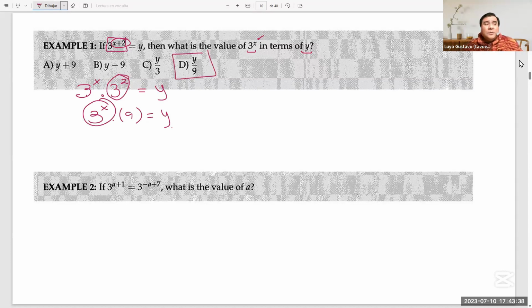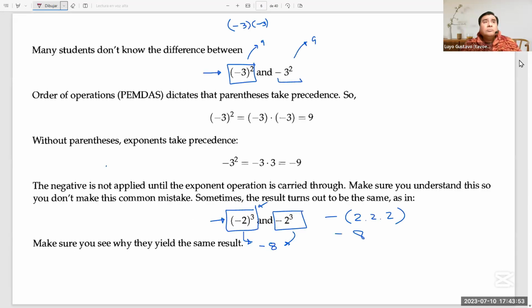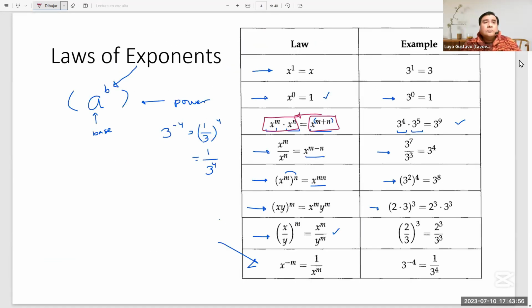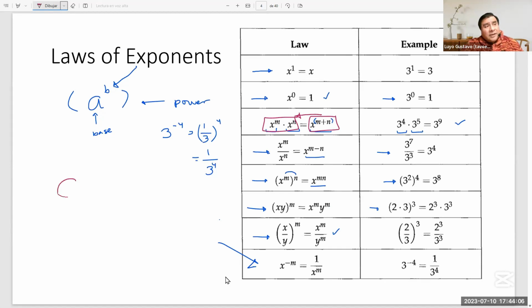Okay, what about number 2? If 3 up to a plus 1 equals 3 up to -a plus 7, what is the value of a? So here there is a fundamental property. What happens if you have two powers of the same base, and they tell you that these two powers are the same in value?